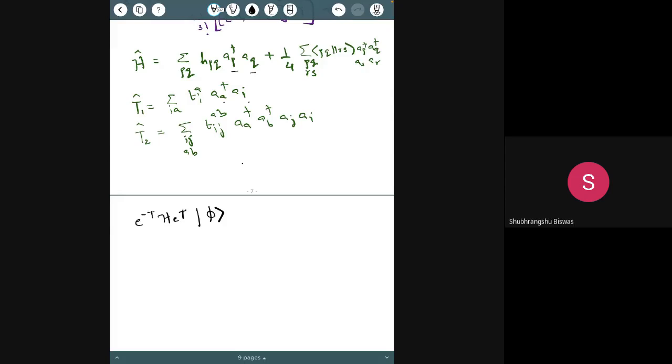So those operators I would want to move to the right so that the Hartree-Fock determinant gets annihilated and I reduce terms.